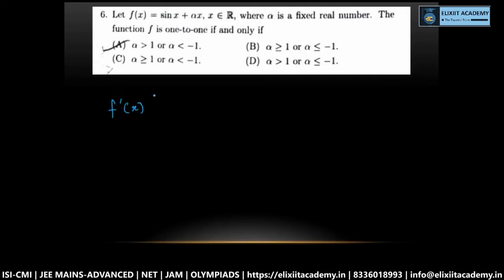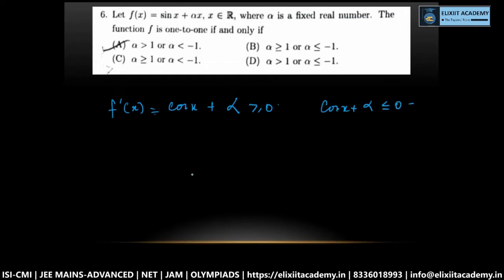Differentiating, this is cos x plus alpha, and this is greater than or equals to 0. And the second case is cos x plus alpha is less than or equals to 0.